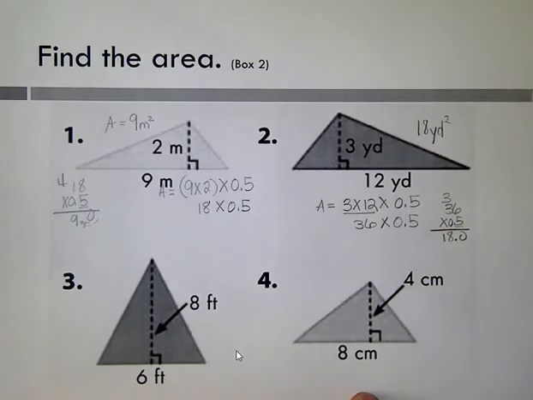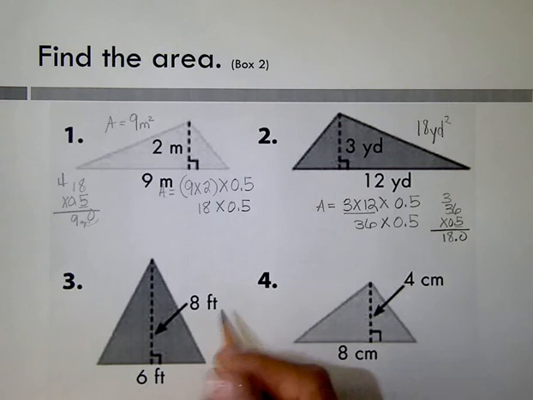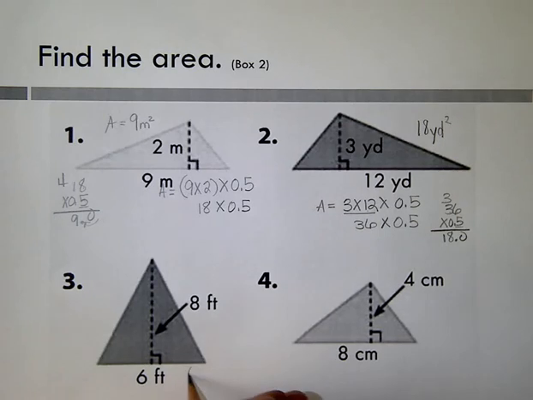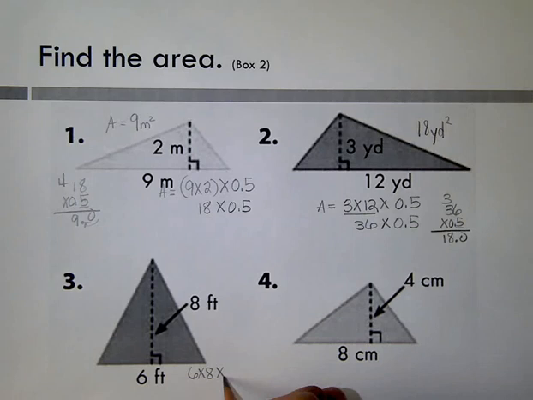Alright, we're going to move a little quicker now. So I'm going to multiply 6 times 8 times 0.5.